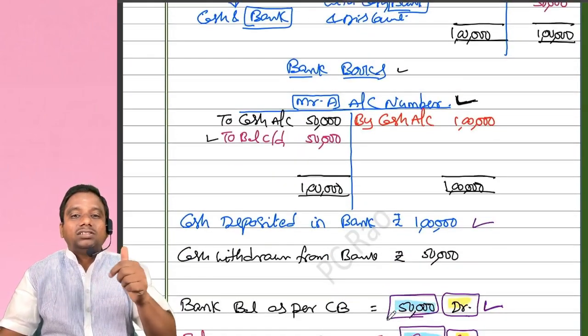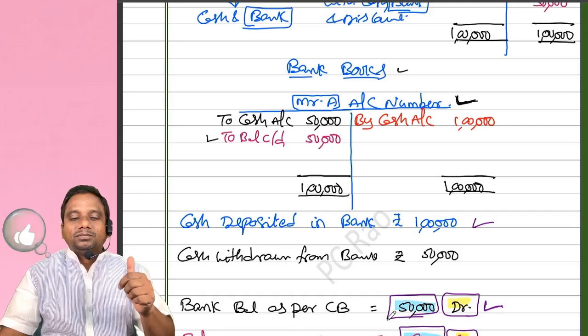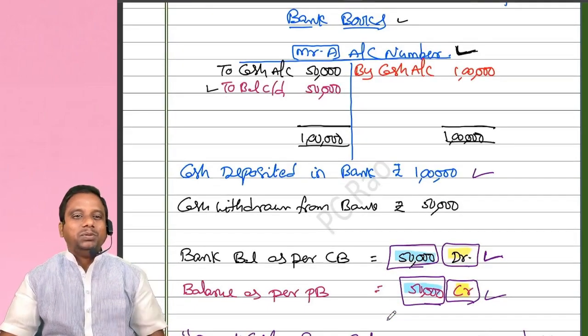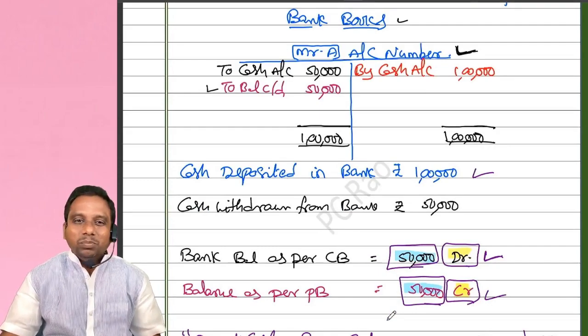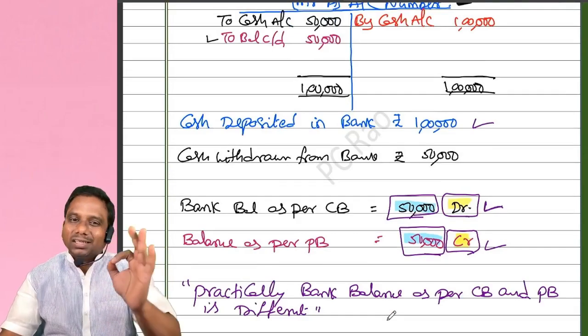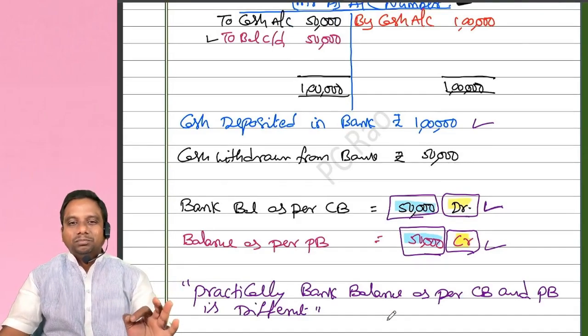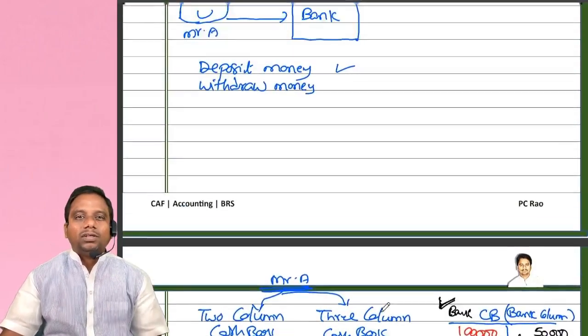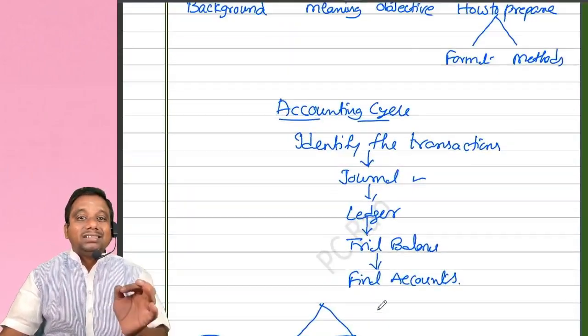What is the cause between the bank balance as per cash book and passbook? So it is simply a technique to know the causes of the difference. This is our background for the bank reconciliation statement.